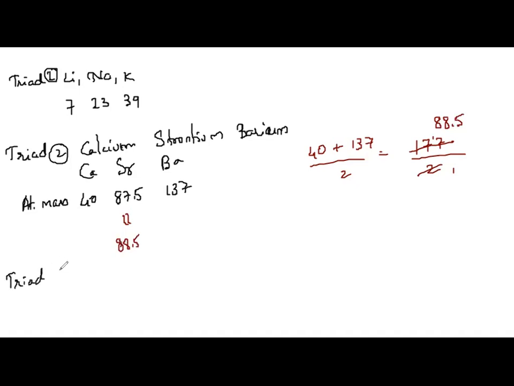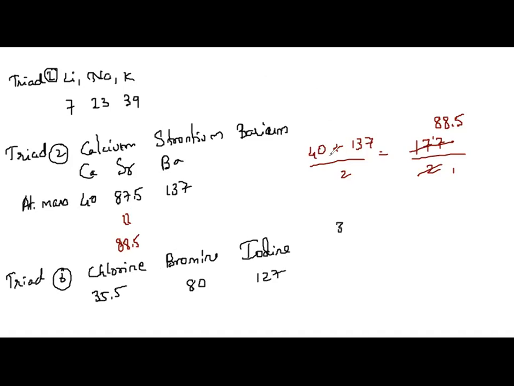And the third triad he gave was chlorine, bromine and iodine. Atomic mass of chlorine is 35.5, bromine is 80 and iodine is 127. So 35.5 plus 127 divided by 2.